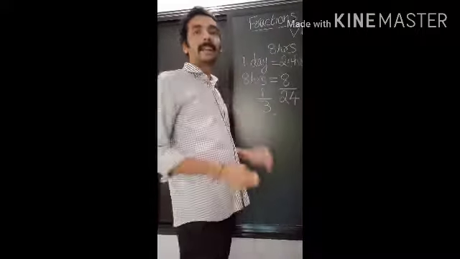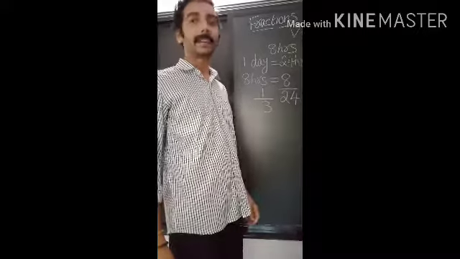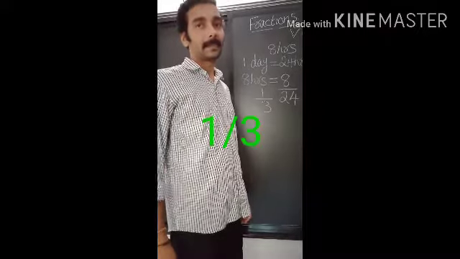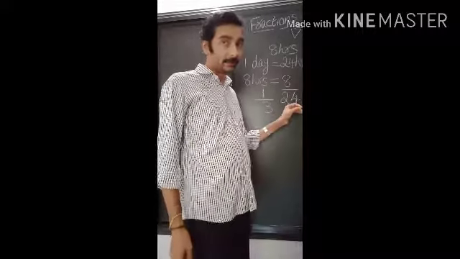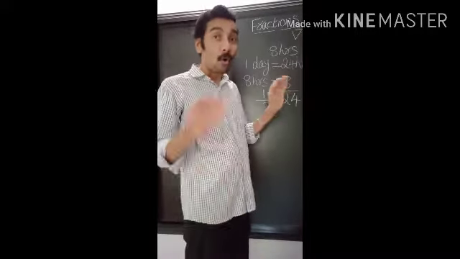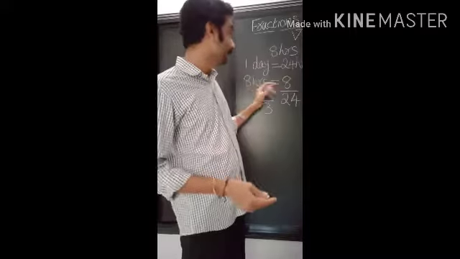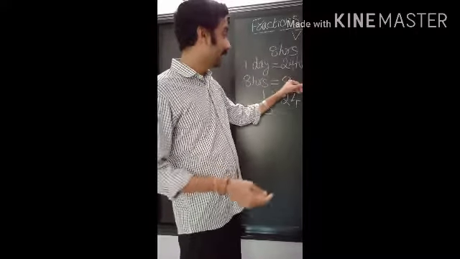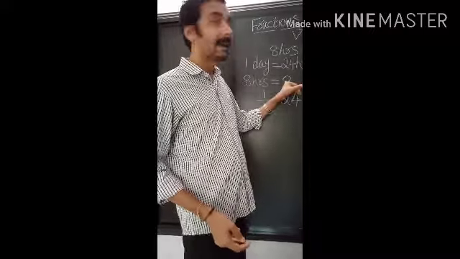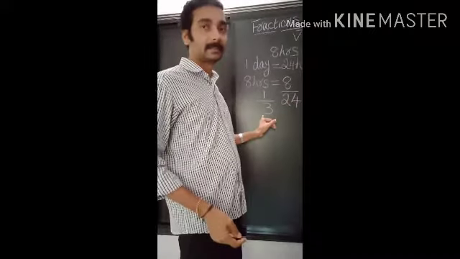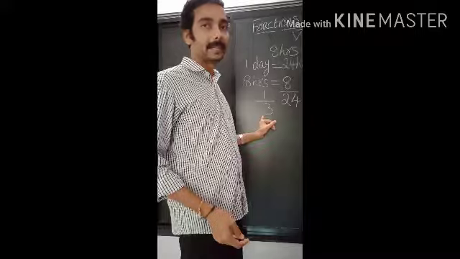That means 1 by 3. Clear? Okay. In 8 and 24, both are divisible by 8. 8 divided by 8 is 1. 24 divided by 8 is 3. Okay. Clear? Okay. 1 by 3.